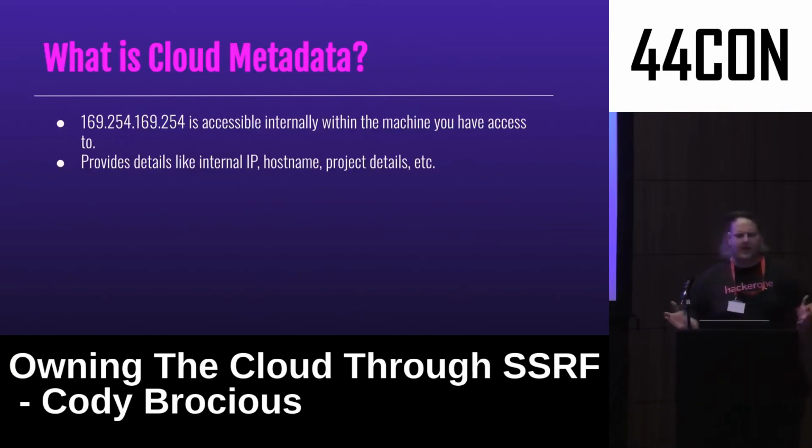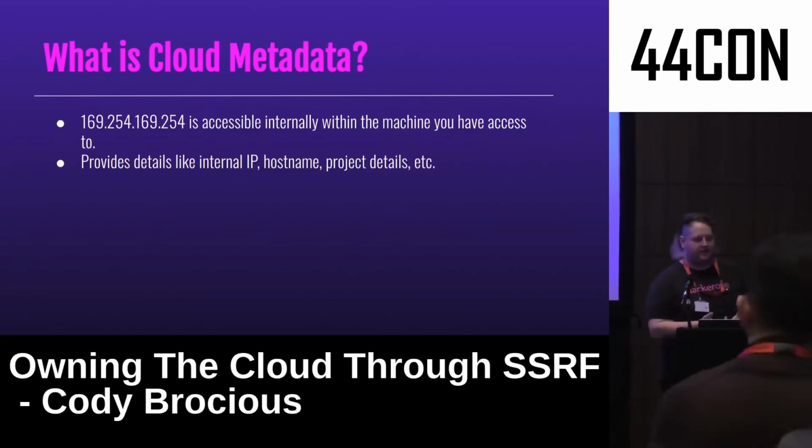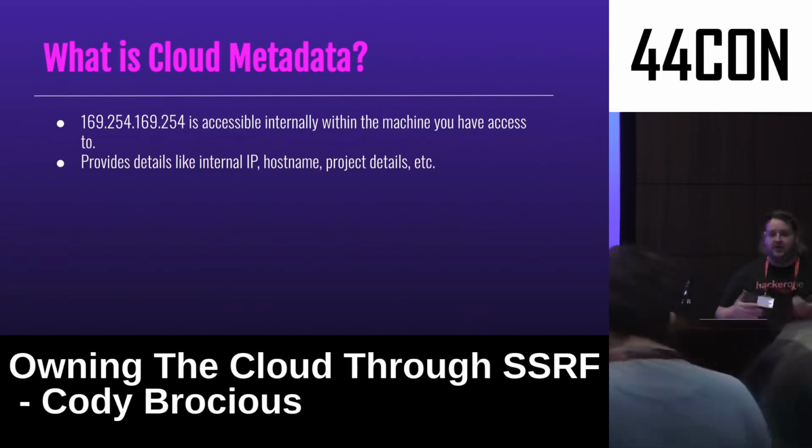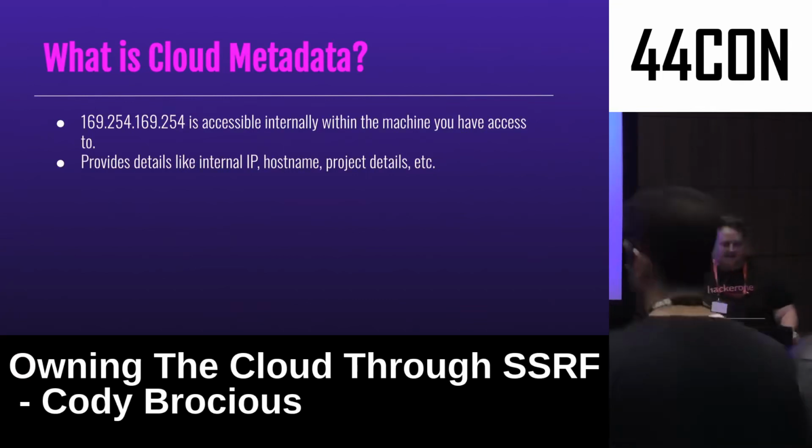So cloud metadata is something that we're going to be talking about a lot. Typically it's going to be some service at 169.254.169.254. That's what it is for Google Cloud, for Amazon EC2 and ECS, and for Azure. Pretty much all of them use the same IP.